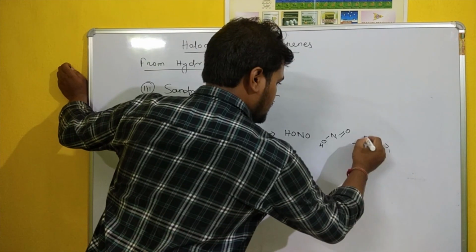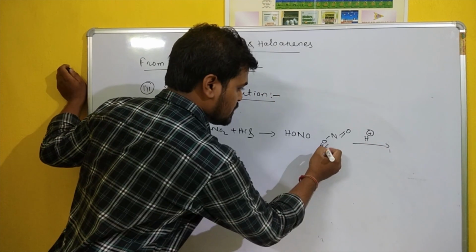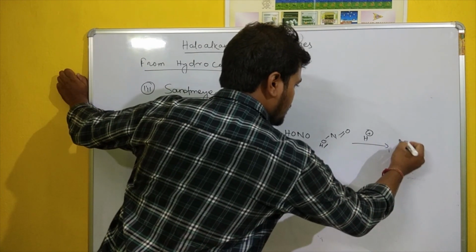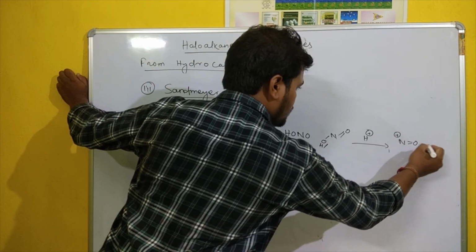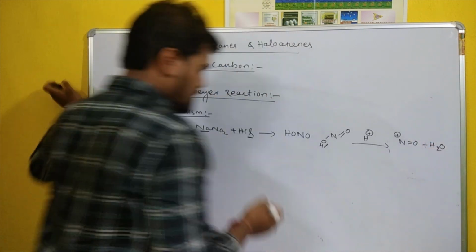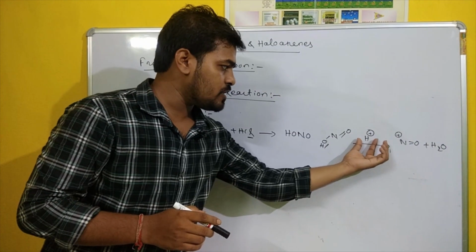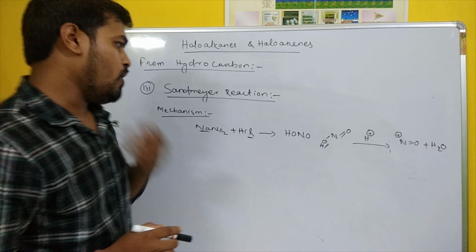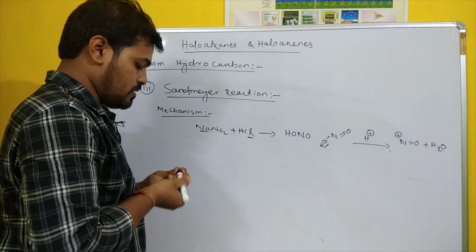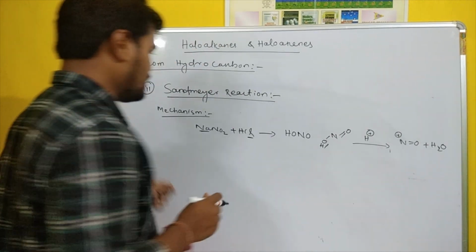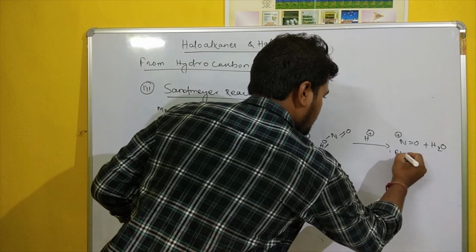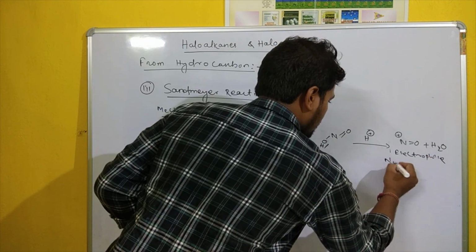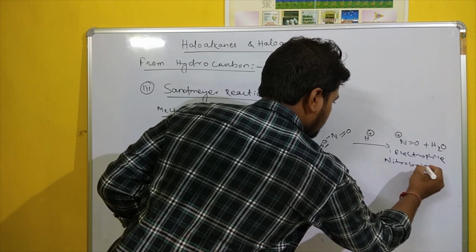Here the nitrous acid is protonated, that OH is protonated by H plus, so that H2O is removed and N plus double bond O is formed. So in this step, that OH group is protonated with H plus, so that water is released, so N double bond O plus is formed. That is the nitrosonium ion, that is an electrophile. It is an electrophile, and that ion is called the nitrosonium ion.